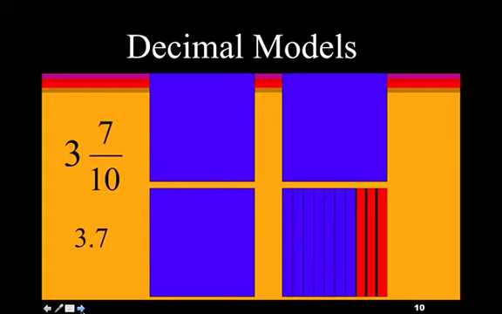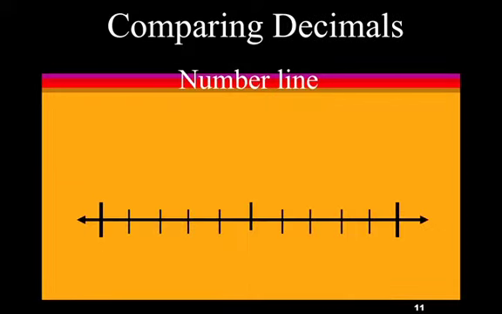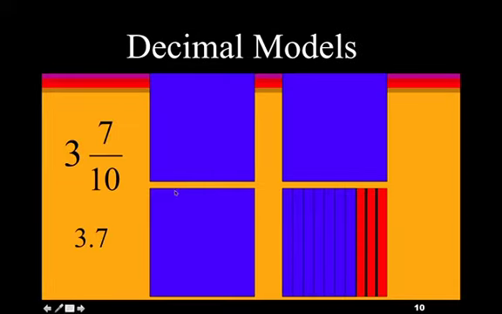This is the example using a mixed number. You can see that there are 3 different units, complete units, and then we have 7 tenths colored. That is 3 and 7 tenths, or 3.7.